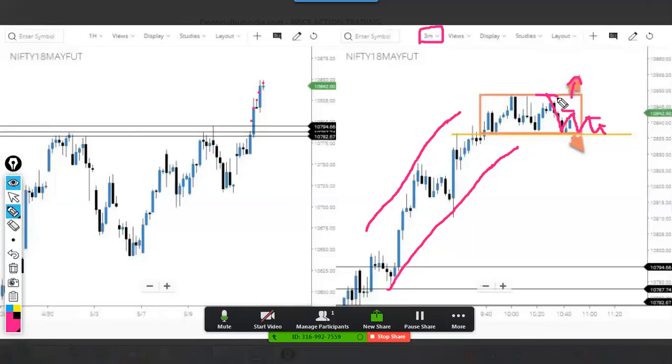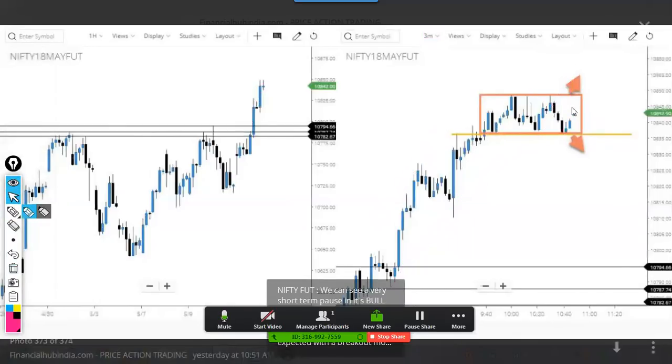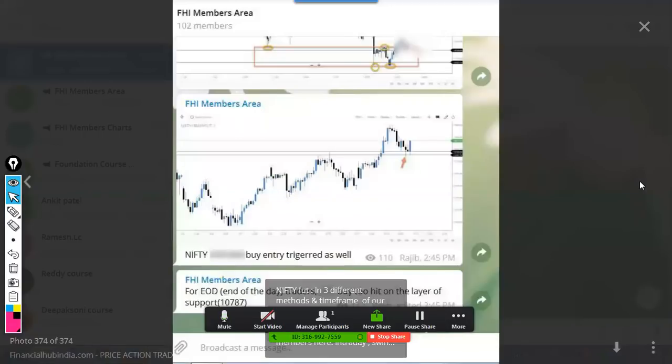But that didn't happen, and we got a breakdown below this, and our sell could be initiated below this. But again, we are moving in a strong uptrend, so it's not a wise decision to go ahead with the sell trade. But the sell setup was triggered here, below this overall consolidation range.